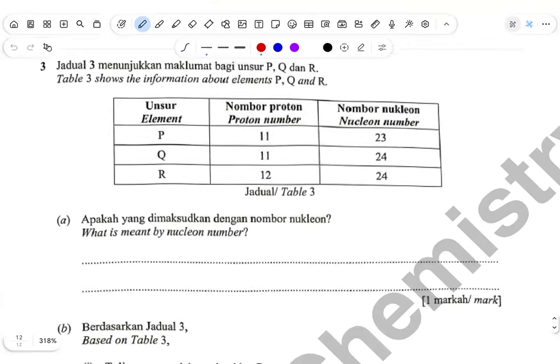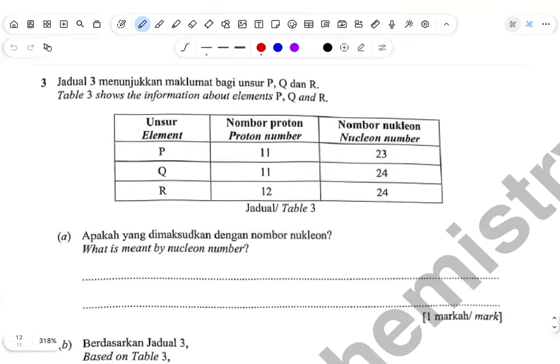The first question. Let's say in your SPM this year, 2026, you get a question, they ask you what is meant by nucleon number. So guys, what will be the answer? Come on, let's try to do this. Give me a complete answer. Just assume that you are getting this question in your SPM.